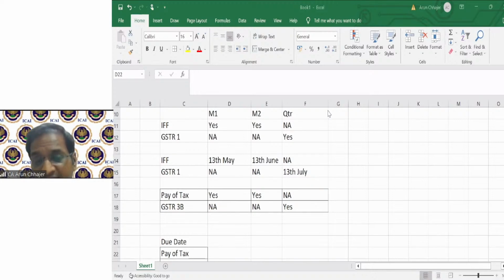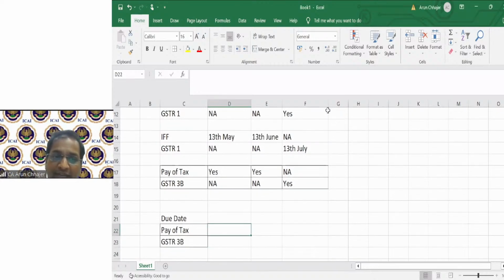IFF में सिर्फ आप अपनी आउटवर्ड सप्लाई रिपोर्ट करते हो, और उसी मंथ में टैक्स को डिपॉजिट करने का. देखो, सेल और टैक्स दो अलग अलग चीज रखी है. सेल्स के लिए उन्होंने या तो IFF दिया या GSTR1 दिया है. टैक्सेस के लिए GSTR 3B दिया है. तो 1 और 3B में हमेशा डिफरेंस होगा कि 1 का ड्यू डेट पहले होगा, 3B का ड्यू डेट बाद में होगा. तो 3B मतलब टैक्स का ड्यू डेट है.